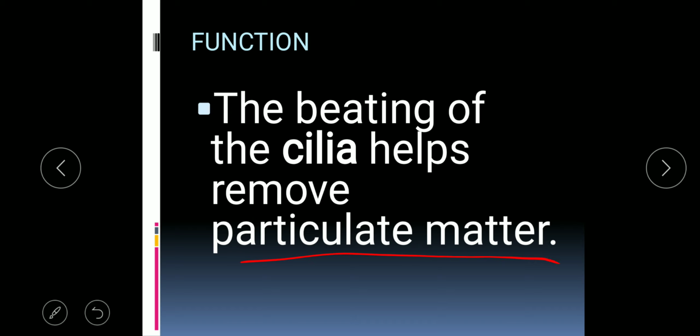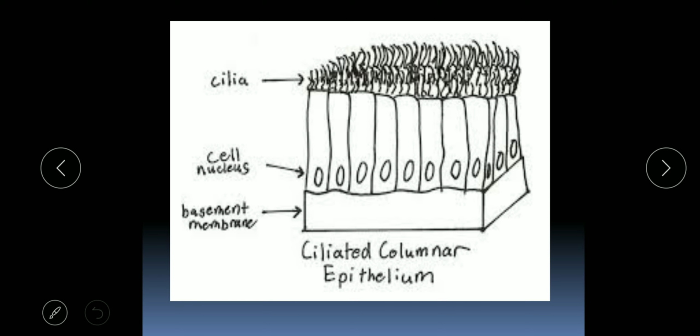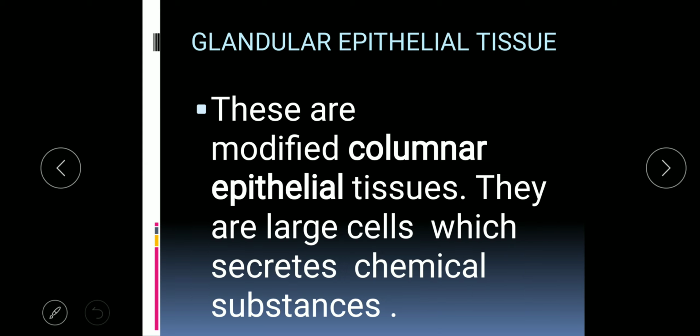When you inhale, certain dust particles may enter. These cilia, when continuously performing the lashing movement, will trap those dust particles and throw them out of the body. So this is the ciliated columnar epithelial tissue. Basement membrane is there, nucleus is there, and at their free ends they have cilia.